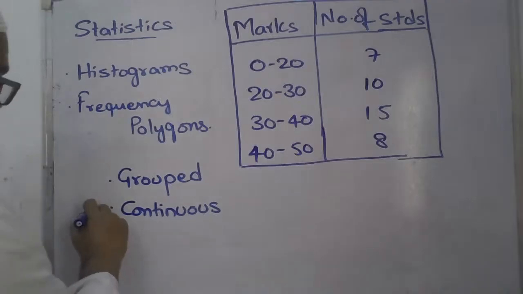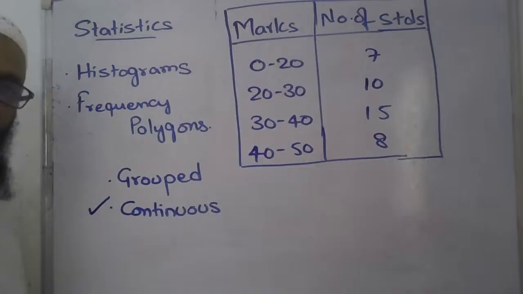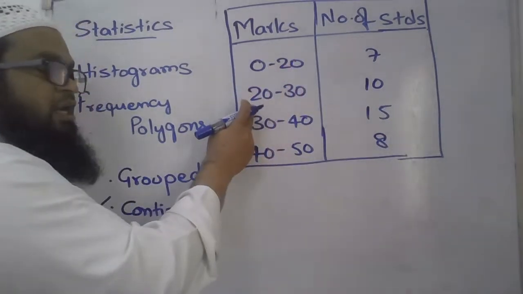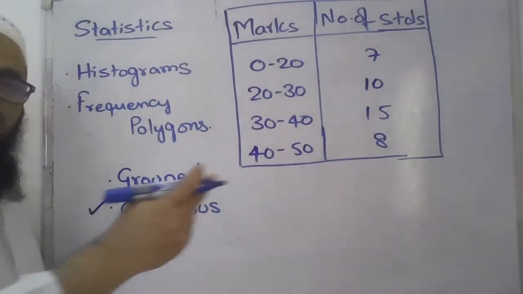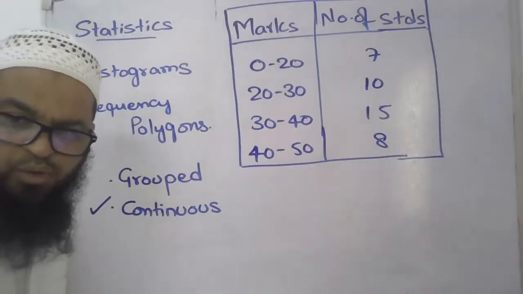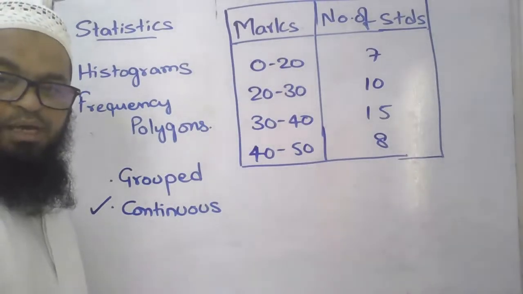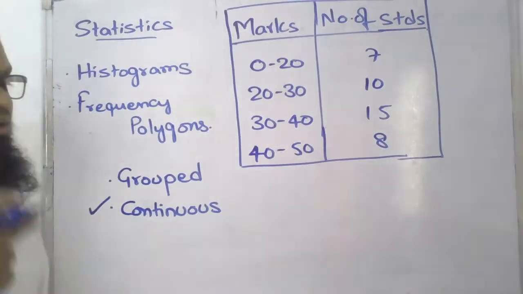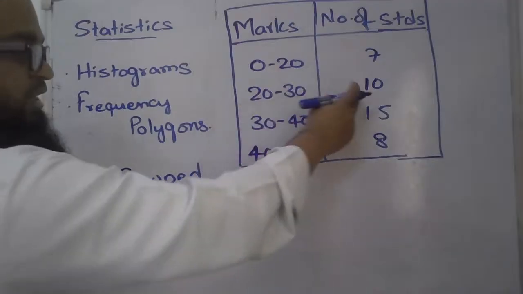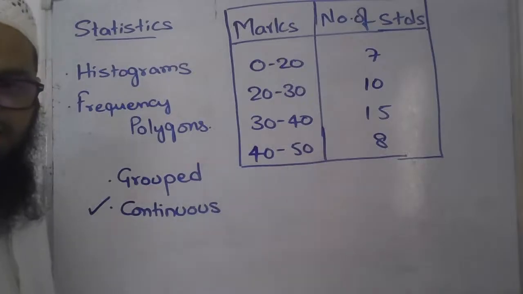You can draw a histogram only for continuous data. What is continuous data? The upper limit of the previous class should be equal to the lower limit of the successive class. Understood? If it is not, I will come back and explain what to do. So now 0 to 20 is 7, 20 to 30 is 10, 30 to 40 is 15, and 40 to 50 is 8.